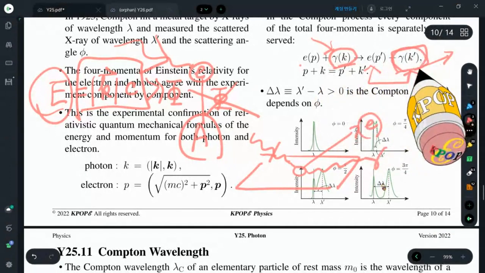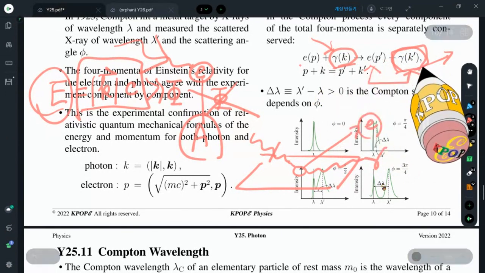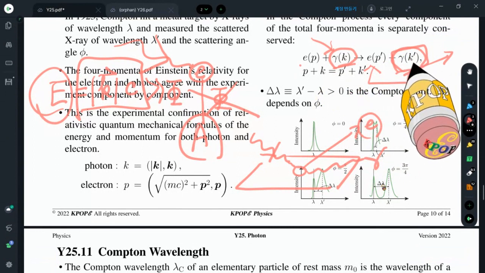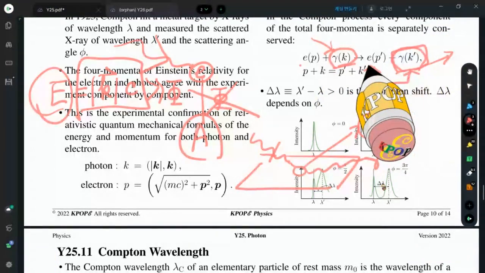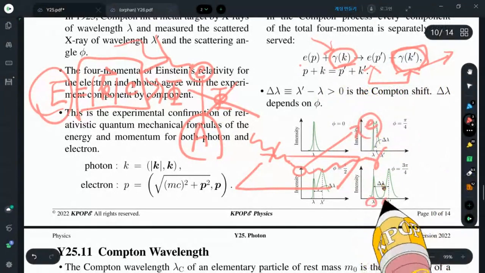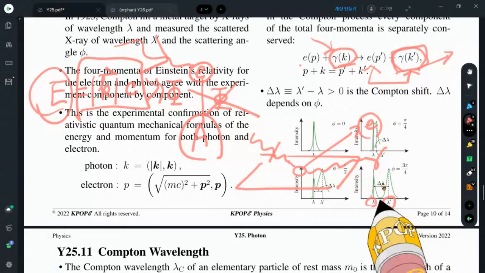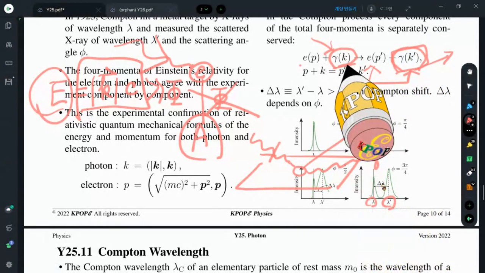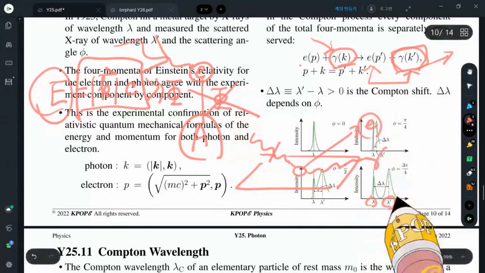Therefore, this scattered photon is less energetic. Less energetic means the wavelength of the scattered photon must be longer than that of the incident photon. This plot shows that lambda prime is significantly greater than the original incident photon's wavelength.